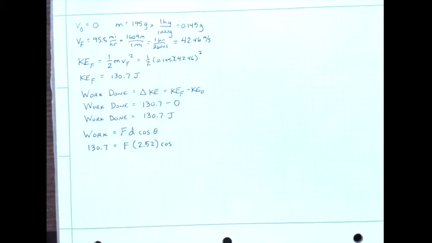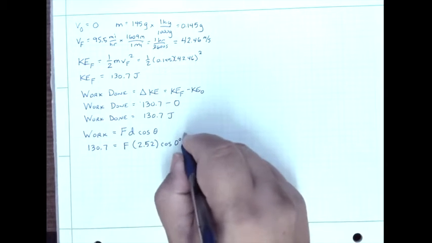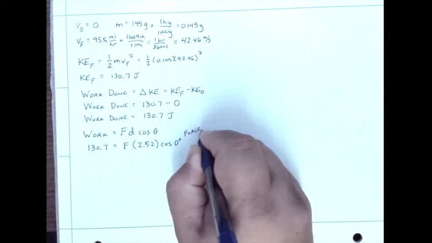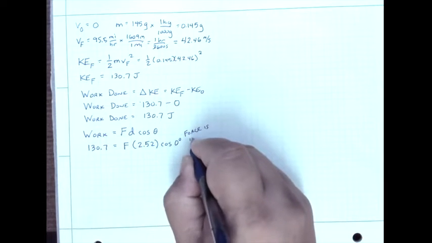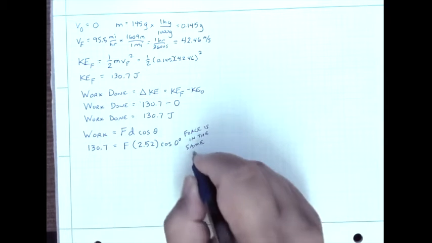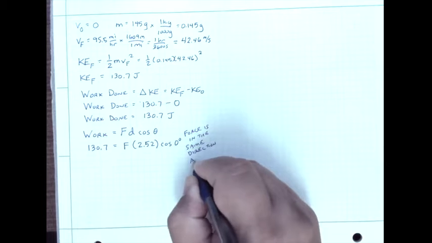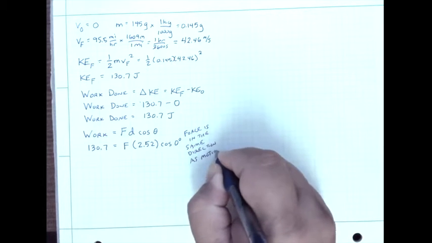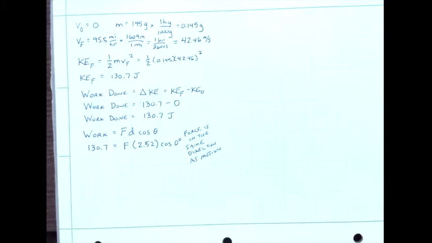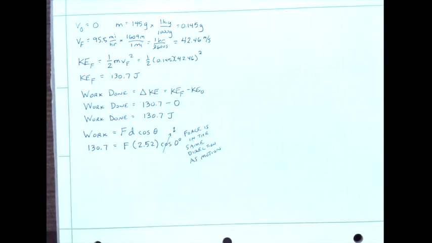And since the force is being applied in the same direction as the motion of the ball, that angle is going to be 0 degrees because the force is in the same direction as motion. Of course, the cosine of 0 is 1.